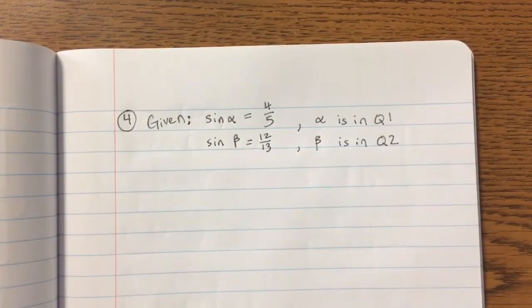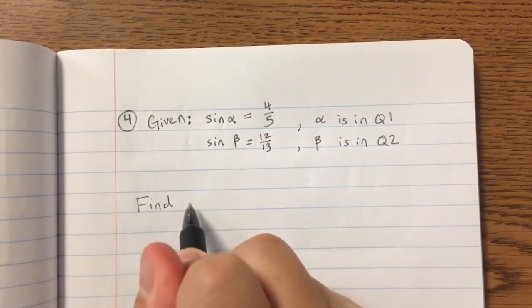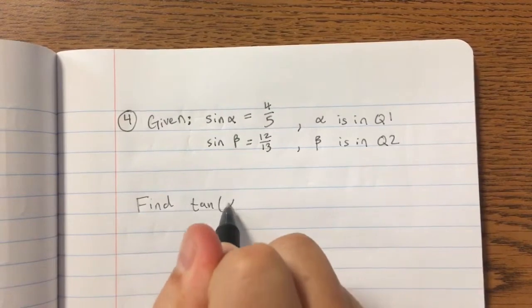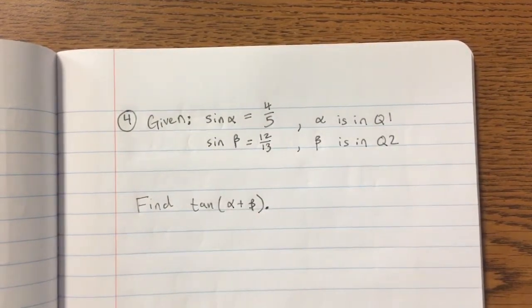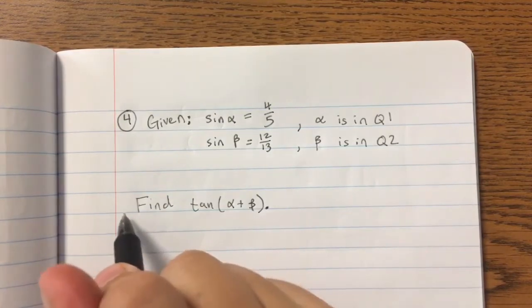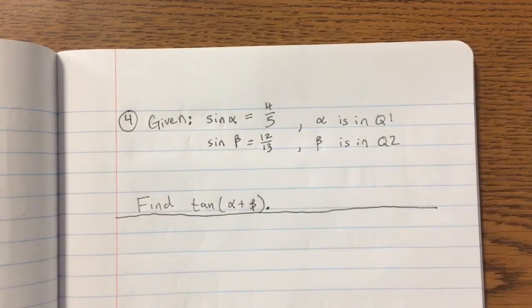So I really haven't asked a question yet, have I? So let's find tangent of alpha plus beta. That's sort of our goal here. Now, I can set this up.